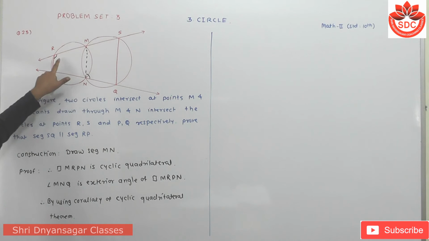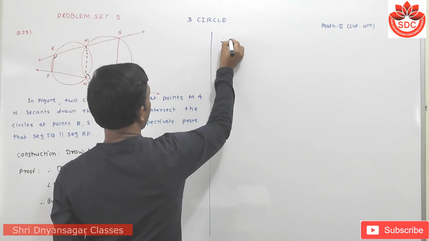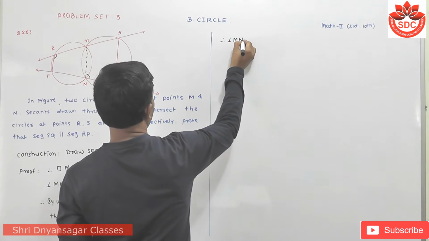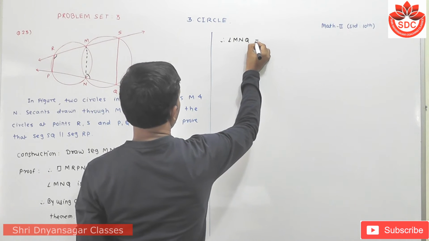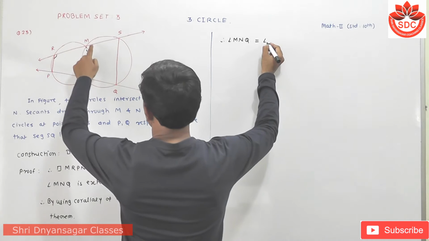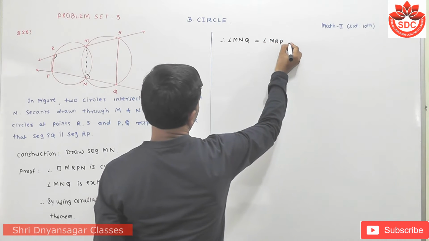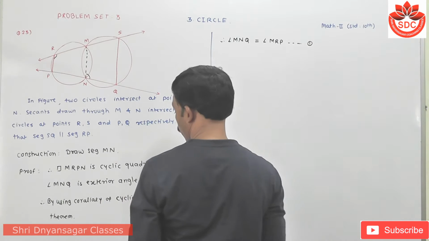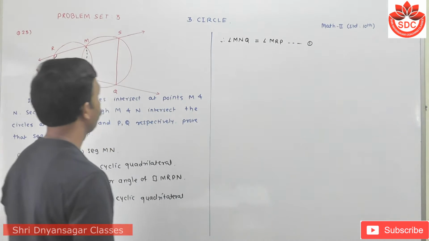This means this angle and these angles are congruent. So I have to write: therefore angle MNQ is equal to angle MRP. Let this be equation number first, because this is the corollary of the cyclic quadrilateral theorem.